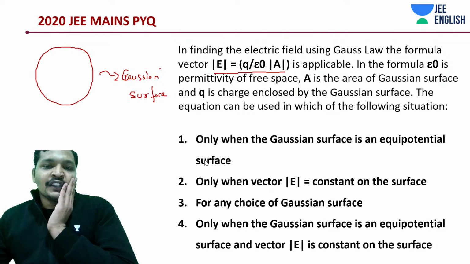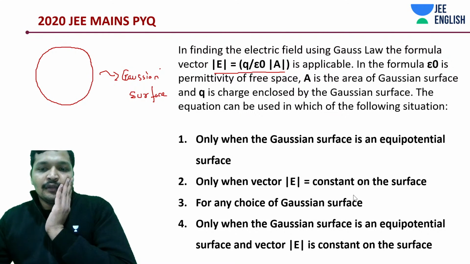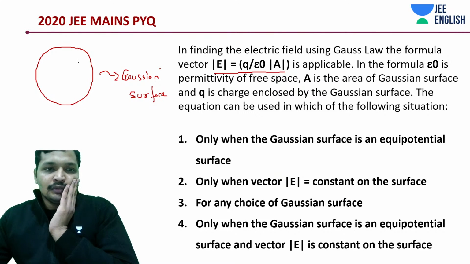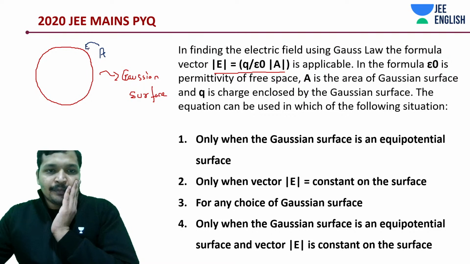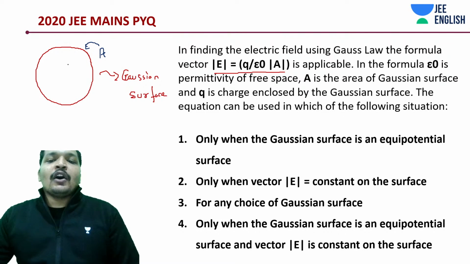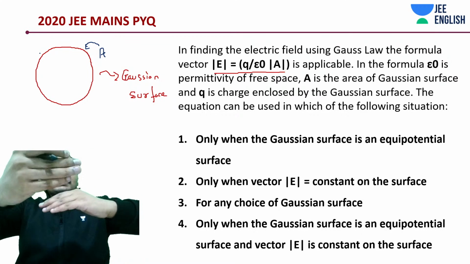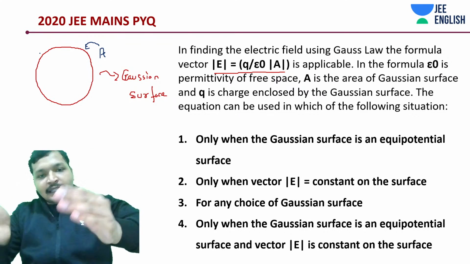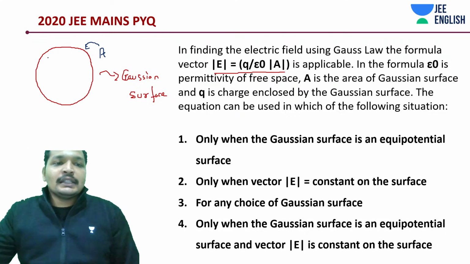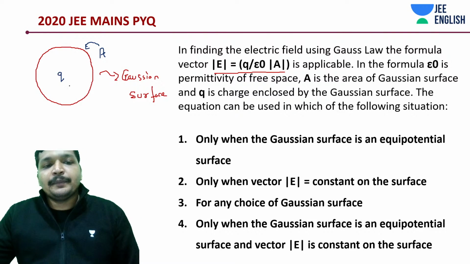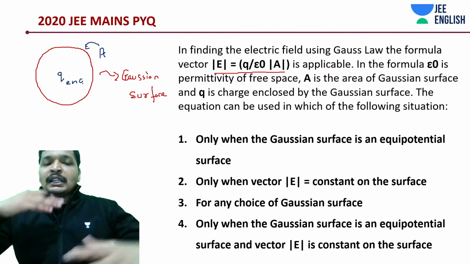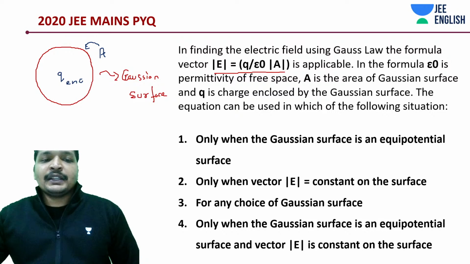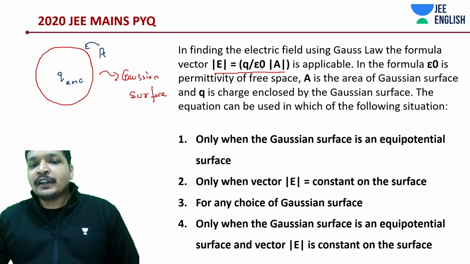So your Gaussian surface is going to have area A. Think about it as a sphere. If I move on this side or this side, the charge enclosed is going to be the same. Think about the surface like a spherical surface, one of the best ways of understanding it. Epsilon naught is anyway common.